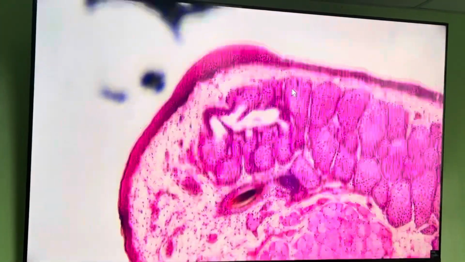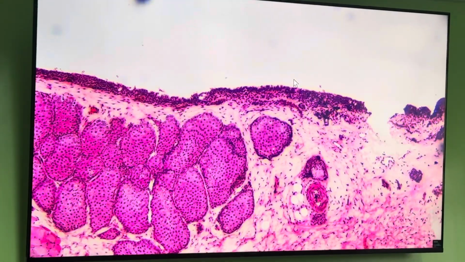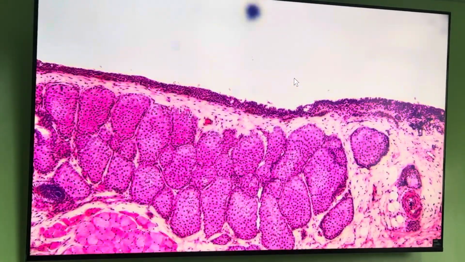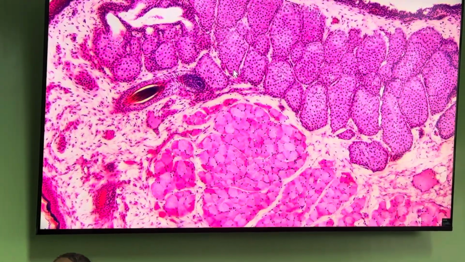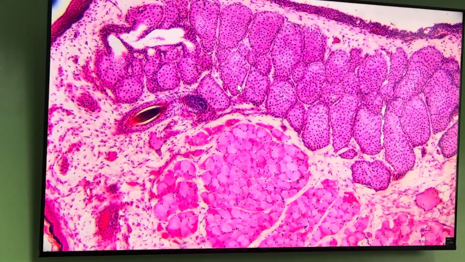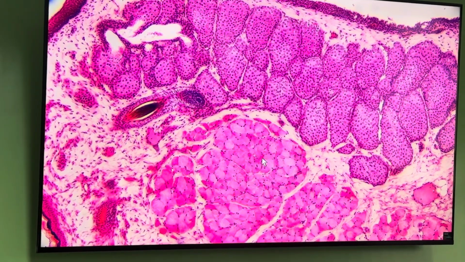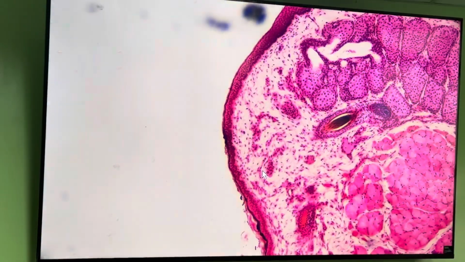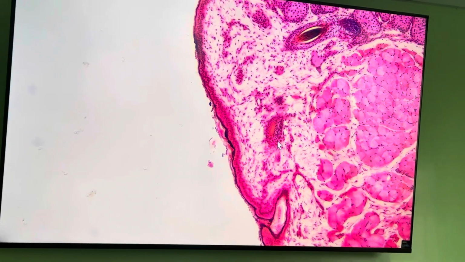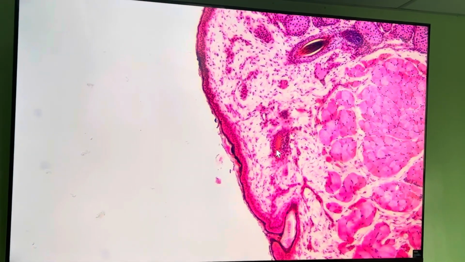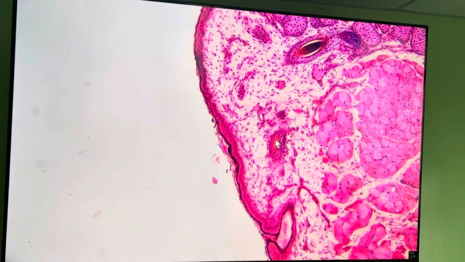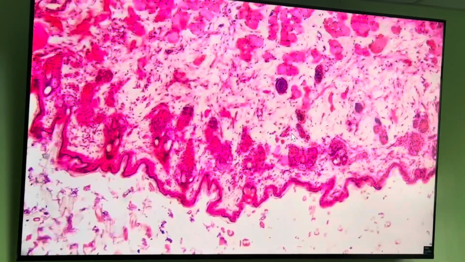And then here you have the lining epithelium, which can be columnar, okay, to stratified. You have the meibomian glands, which are actually sebaceous glands. You have the orbicularis oculi here. If you encounter the presence of crying glands here, or sweat glands, we call it the sweat glands of Moll. So yun lang naman yung nandito.